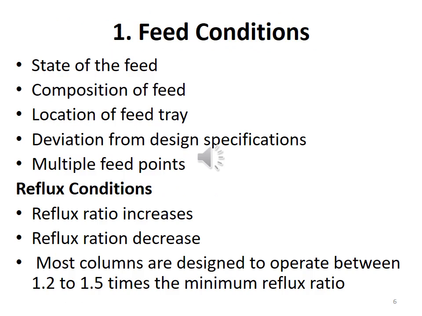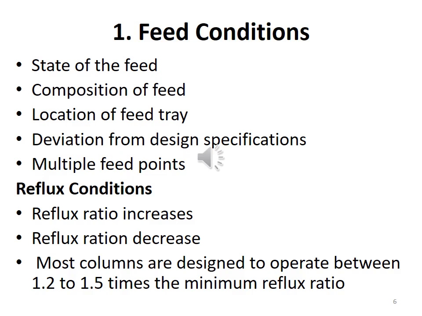Among the other factors which affect the distillation column separation efficiency, feed condition is the first one. Feed conditions means the state of the feed, the composition of the feed, and the location of the feed tray. This is very important while handling the distillation column.